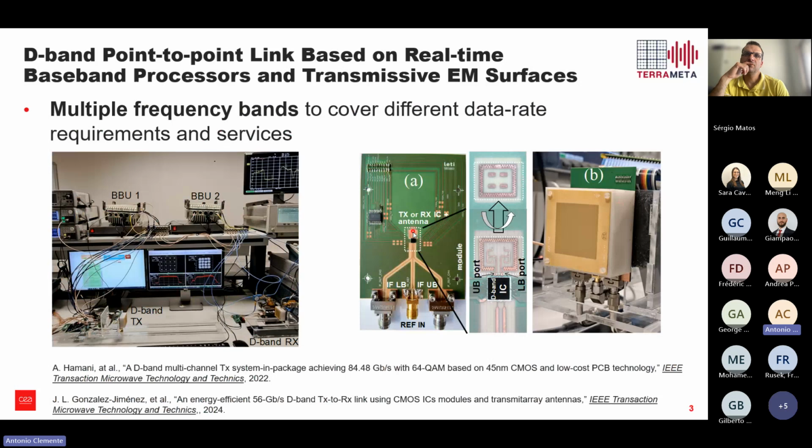So you have an IC on the lines of the antenna. The main problem of this kind of structure is that the pitch of the IC should be the same as the pitch of the antenna, and when you go up in frequency, there is a very big limitation on this.